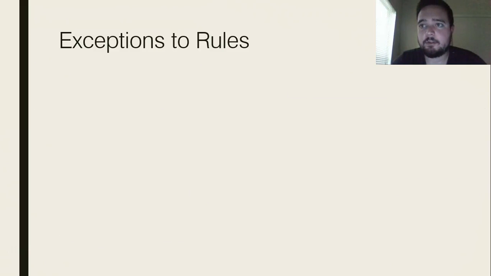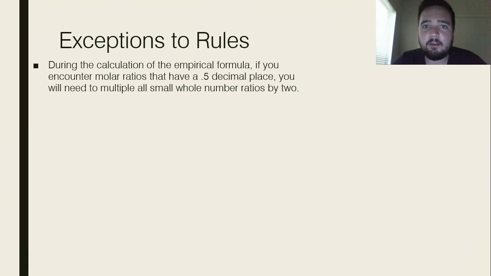There are a couple of exceptions to the rules in regards to rounding. During the calculation of the empirical formula, if you calculate a molar amount after converting to moles and it comes out with a 0.5 decimal right in the middle, then before you can determine your empirical formula, you have to multiply all those moles by 2.